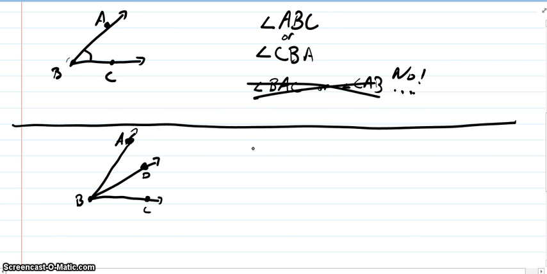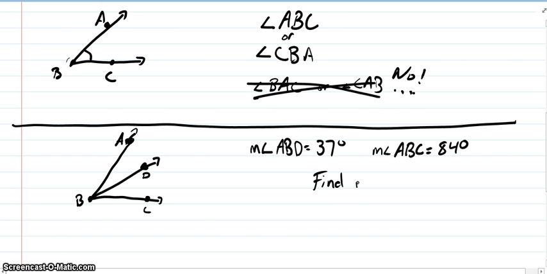And then they tell you in the problem that the measure, and we say measure by putting a little m in front, of ABD equals 37 degrees. And the measure of angle ABC equals 84 degrees. And they want you to find the measure of angle DBC.